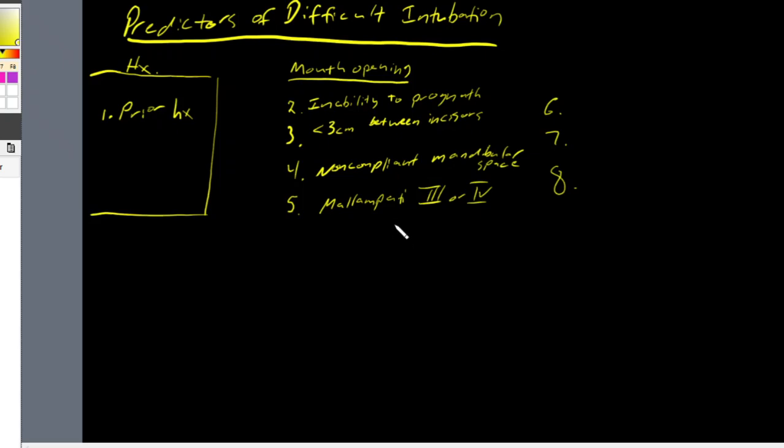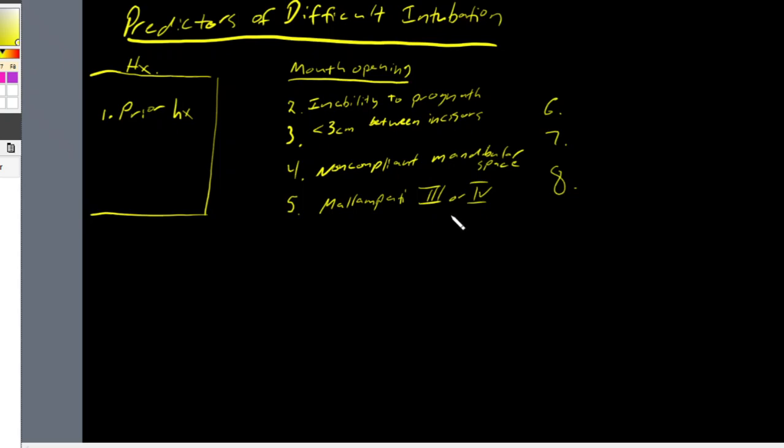But essentially it's the standard for assessing the relationship of tongue size relative to the oral cavity. So what you do is you ask the patient in a sitting position to open their mouth and stick out their tongue. And by identifying structures or not identifying structures, you can get an assessment of ease of intubation.